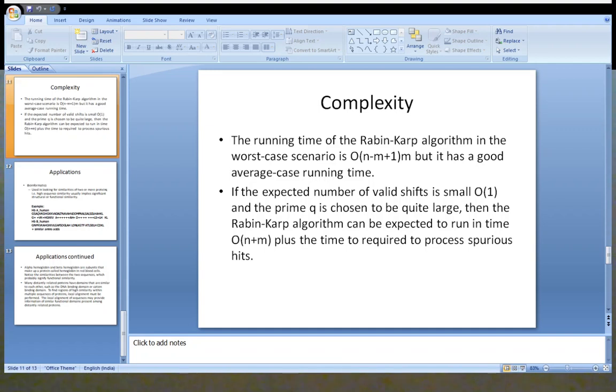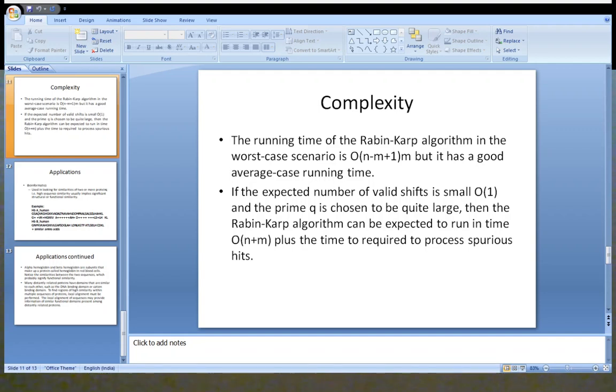If the expected number of valid shifts is small and the prime q is chosen to be quite large, then the Rabin-Karp algorithm can be expected to run in time O of n plus m, plus the time required to process the spurious hits.